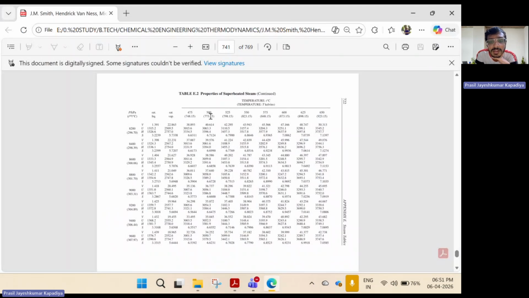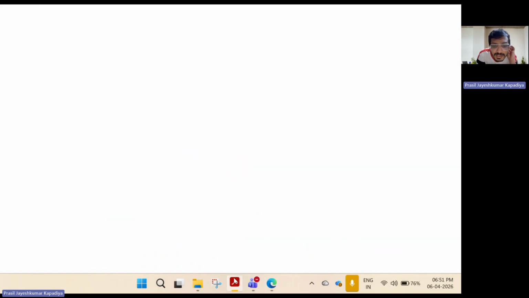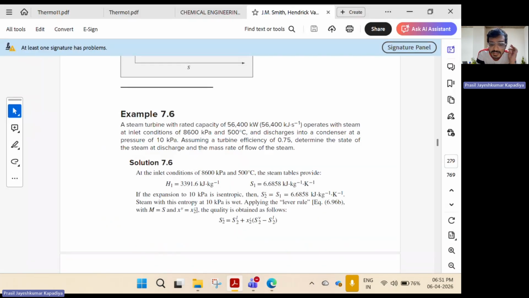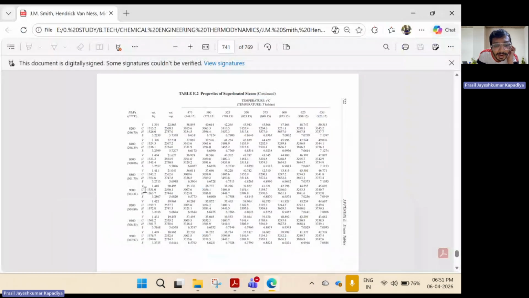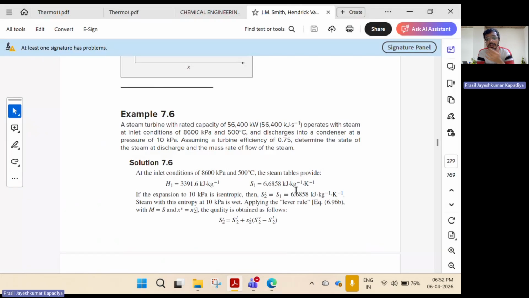So see here, 500 degrees Celsius and 8600 kilopascal. We know this value of H, 3391.6 kilojoules per kg. And S at 500 degrees Celsius is this one, 6.6858 kilojoules per kg.